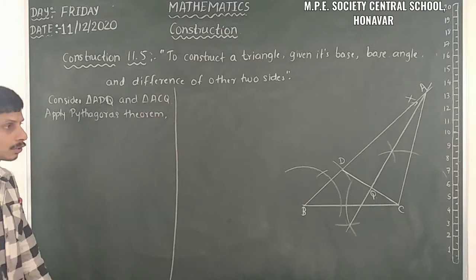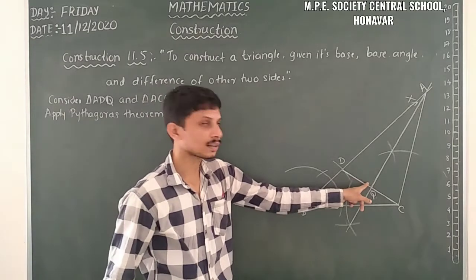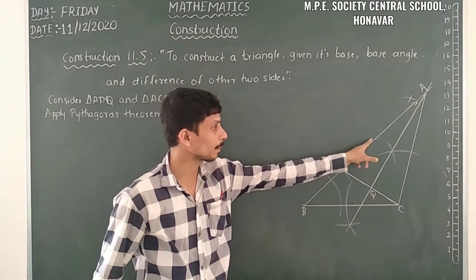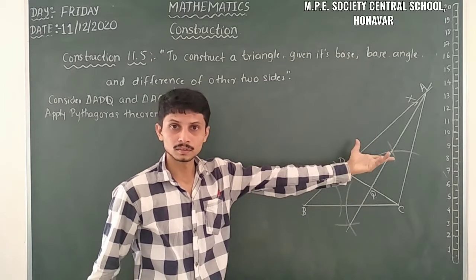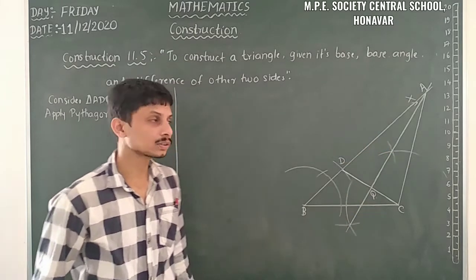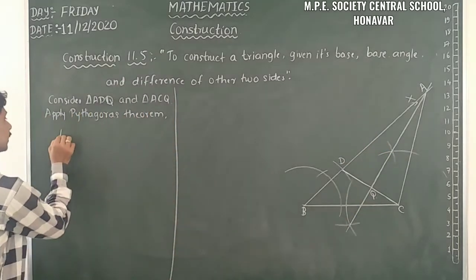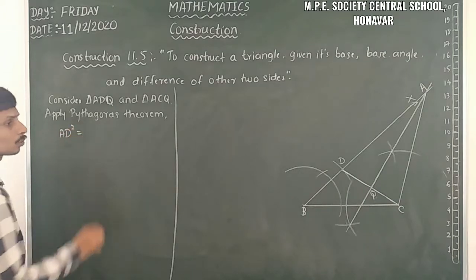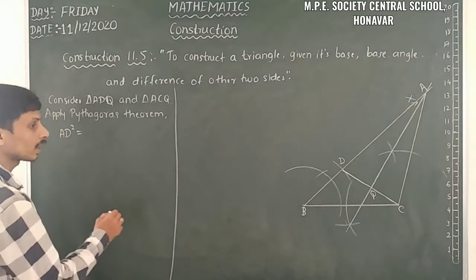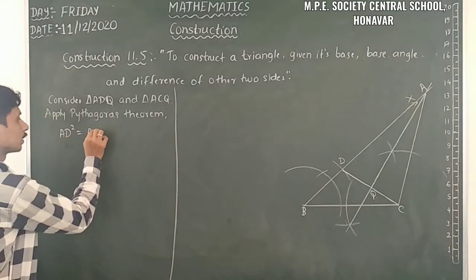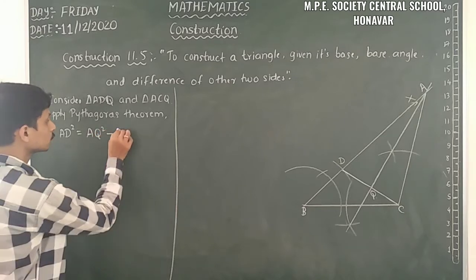When you apply the Pythagoras theorem, what happens here? It's a right angle, so the side opposite to the right angle is the hypotenuse, and the others are the other two sides. That is, AD square is equal to AQ square plus DQ square.